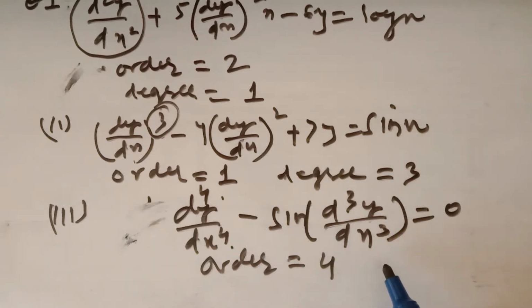So its order is 4 and degree is not defined. So this is how you have to find the order and degree of the given differential equation.